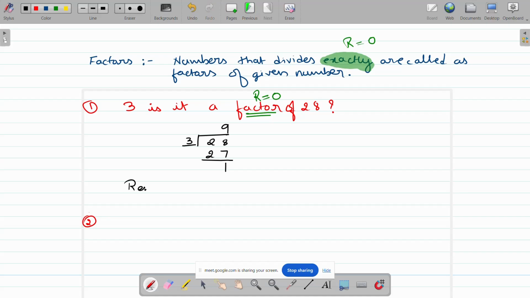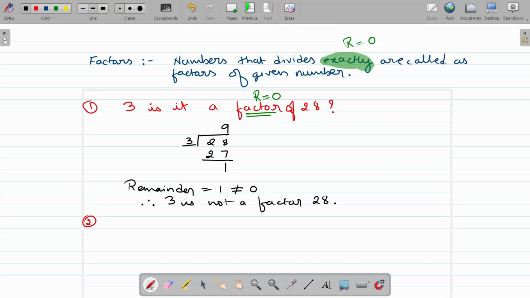The remainder is equal to 1, which is not equal to 0. Therefore, we write it as 3 is not a factor of 28.